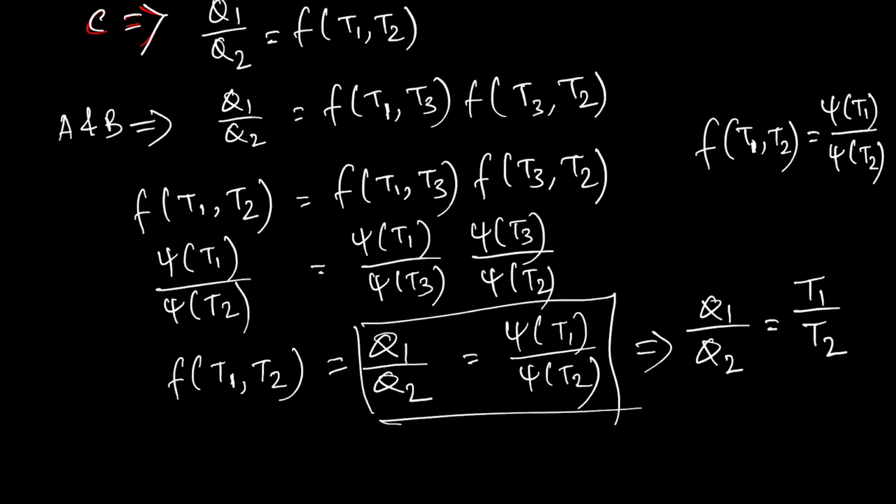So, for example, if you calculate Q 1 and Q 2 for a known temperature, and the known temperature typically is taken to be the temperature of the triple point of water, which is 273.16. So, this T triple point is known, Q 1 Q 2 will be measured, and then you can get the value of T 1. So, thus we can measure the temperature, given that we can calculate heat input and output.